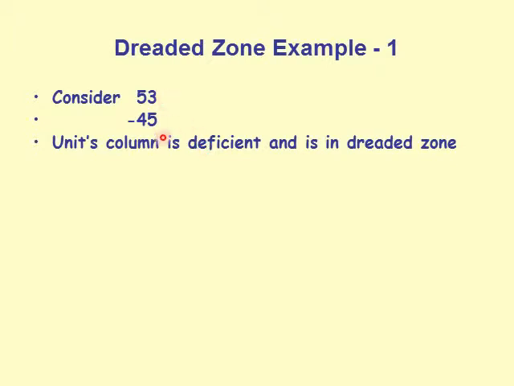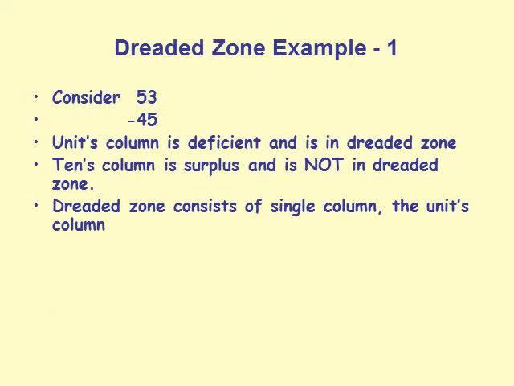The tens column is 5 minus 4, which is a surplus column. This surplus column stops the growth of the dreaded zone, so it does not grow anymore. The surplus column 5 minus 4 is not in this zone. So the dreaded zone in this case consists of a single column, the units column.